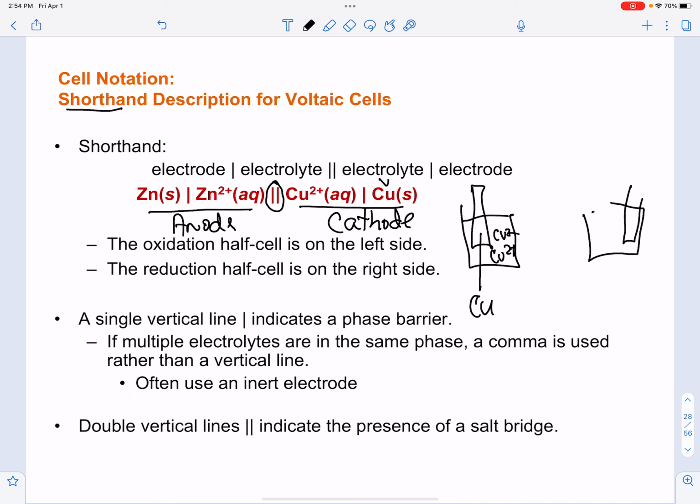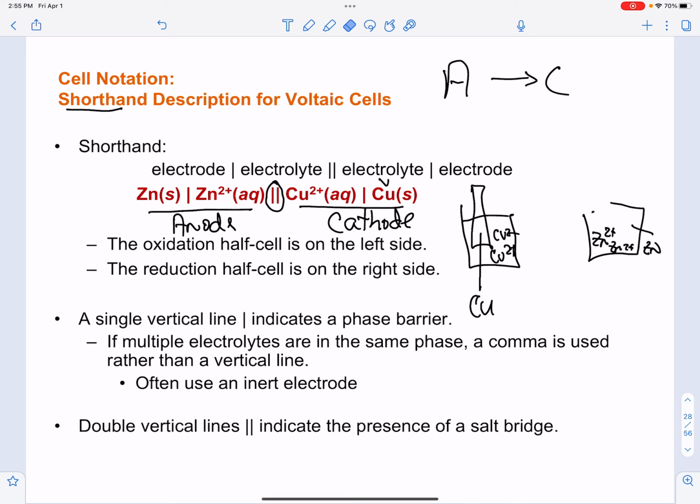On the other one, we have zinc and zinc 2 plus in the solution. And electrons always go from anode to cathode. And according to the shorthand, I always put the anode first. So they're going to go from anode to cathode.